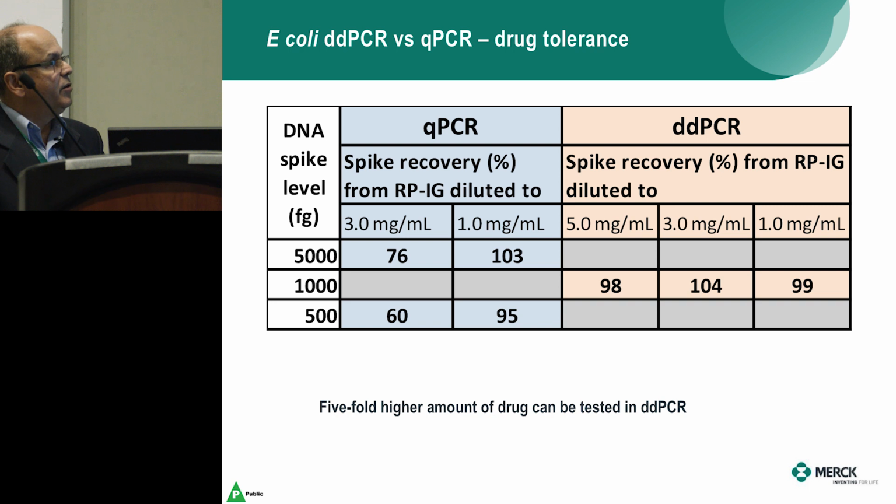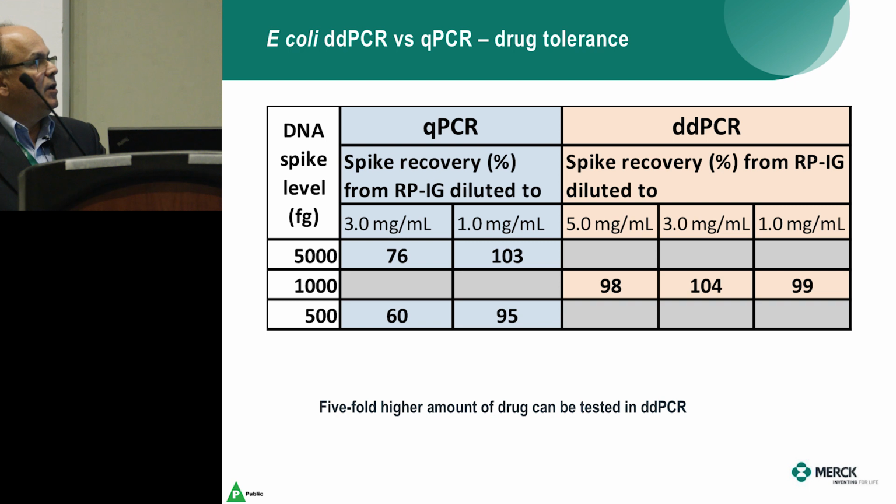We diluted the drug to 3 milligram per ml or 1 milligram per ml. At 5,000 femtogram spike, the recovery is 100% or 95% with 1 milligram per ml drug, but less with 3 milligram per ml.